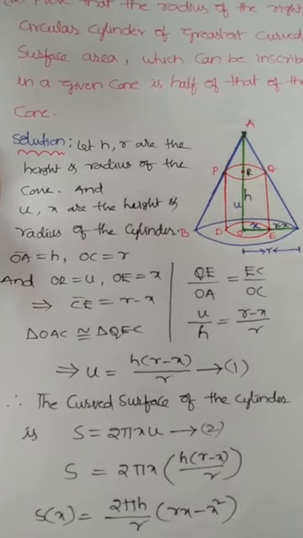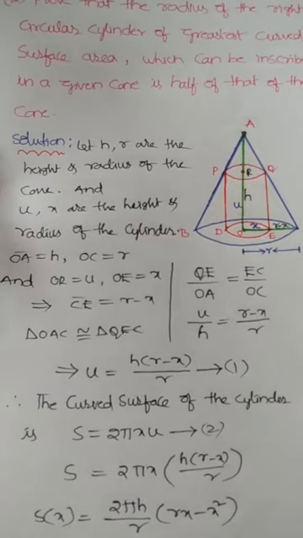Here r and h are constant values. These are the values belonging to the cone, so I am keeping them as constants. Now, approaching the same method, this is our curved surface area function in terms of x. So first I am going to find the first derivative of this function.